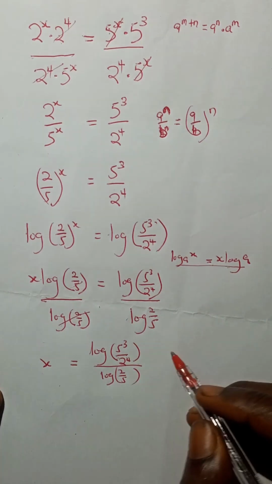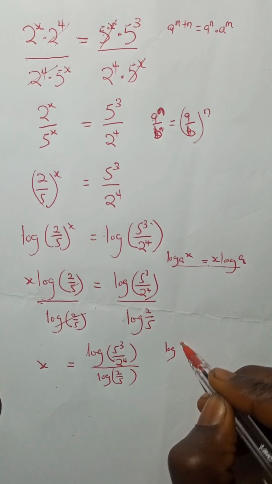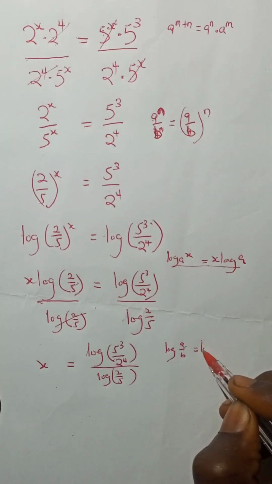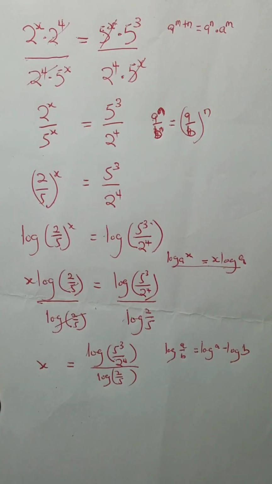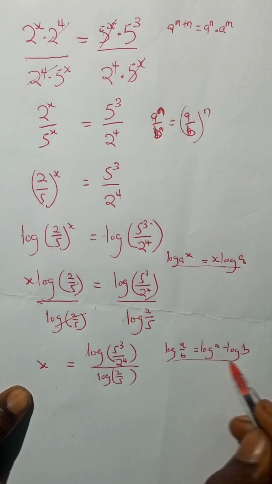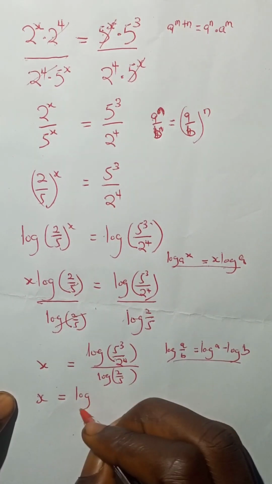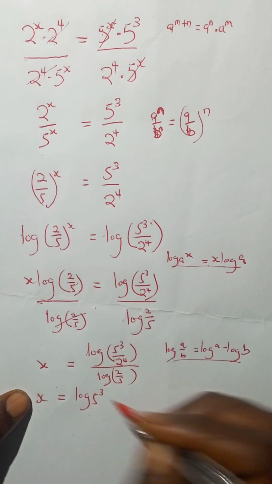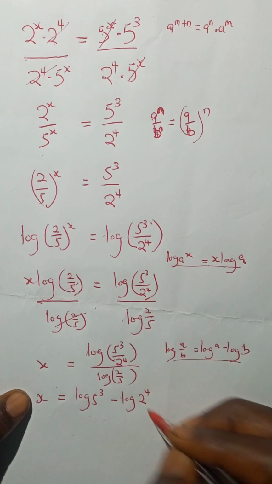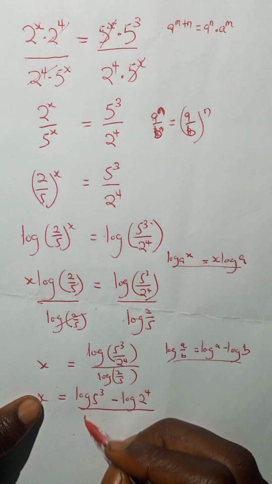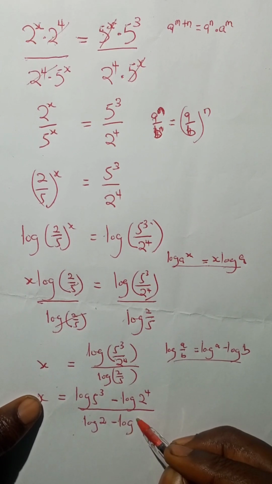And here we know that log a over b is the same as log of a minus log b. So we apply this rule. So we are going to get x equals log of 5 cubed minus log of 2 raised to the power 4 all over log of 2 minus log 5.